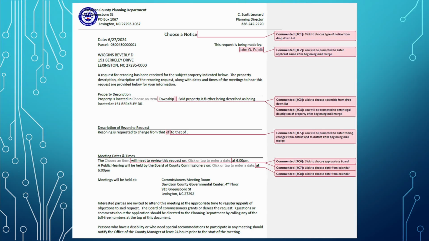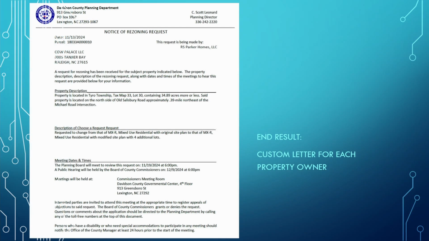And then once those are set, they will go ahead and start their mail merge process. At that point, they'll be prompted by a series of boxes to fill in some of the additional information. So additionally, they will key in who the request is being made by, type in the property description, type in the rezoning request or whatever that request is, and that kind of thing. So again, after all that part is done, you're back to this final product.